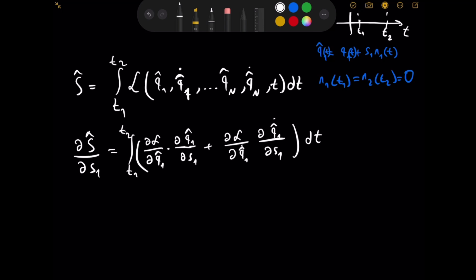The good thing is we can evaluate some of these integrals, some of these derivatives. Obviously, you have no idea how to do this because we don't know the function, we don't know the form of the Lagrangian. So we can't do anything for that.